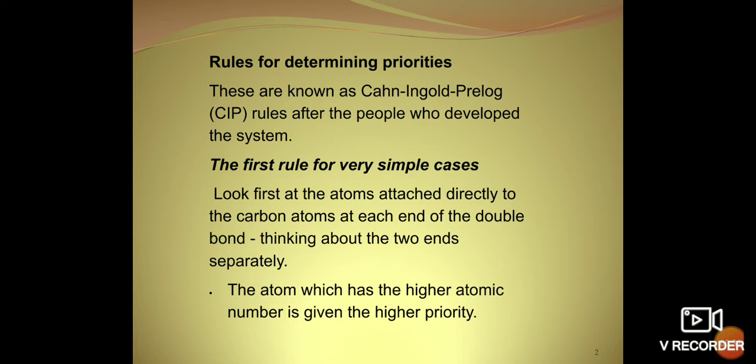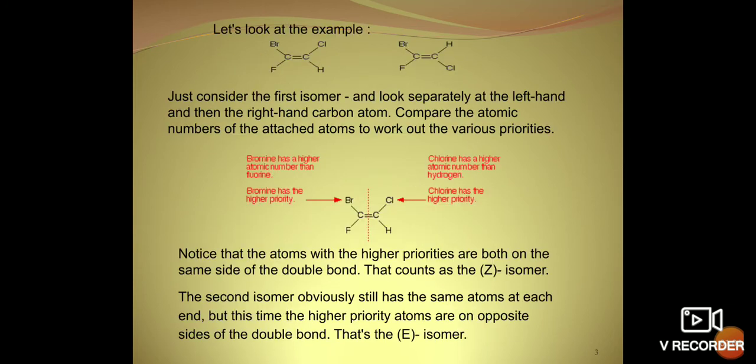The first rule, for very simple cases: look first at the atoms attached directly to the carbon atoms at each end of the double bond, thinking about the two ends separately. मतलब हर कार्बन एटम के ऊपर जो ग्रुप्स या एटम्स अटैच्ड हैं उनको हमें सेपरेटली देखना है. The atom which has the higher atomic number is given the higher priority. जो हायर एटॉमिक नंबर वाला एटम होगा उसको हायर प्रायोरिटी मिलेगी.